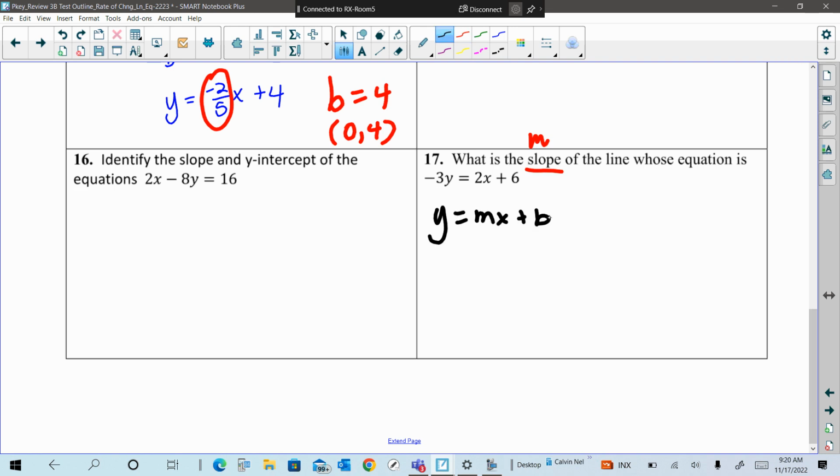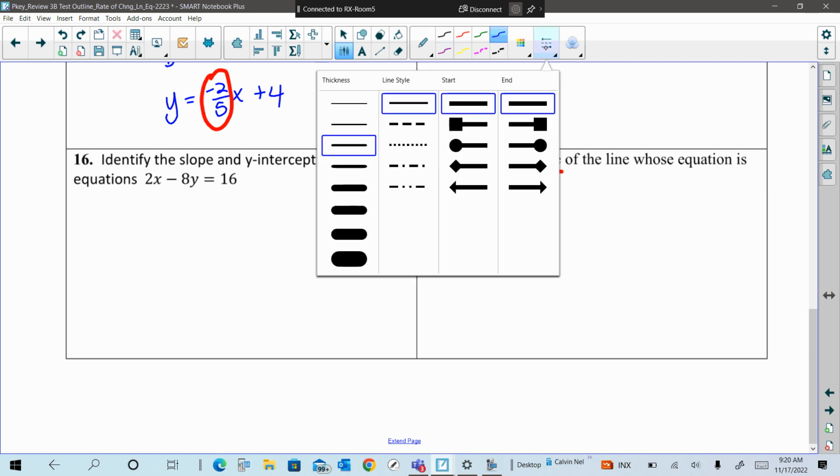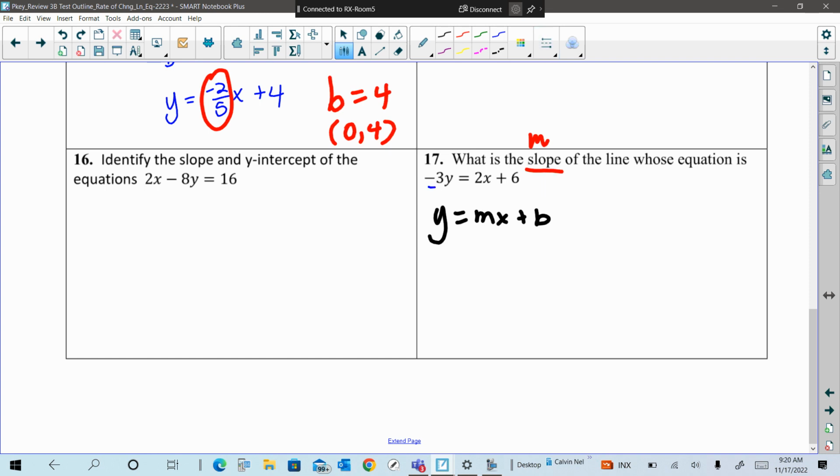Can we divide by -3? We can't subtract. You divide everything by -3 to get the y isolated, so that will cancel out the number in front.